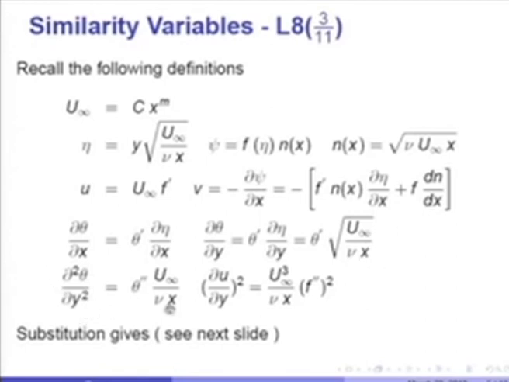d2 theta by dy square would be theta double prime u infinity by nu x into du by dy whole square, equal to f double prime square nu x.